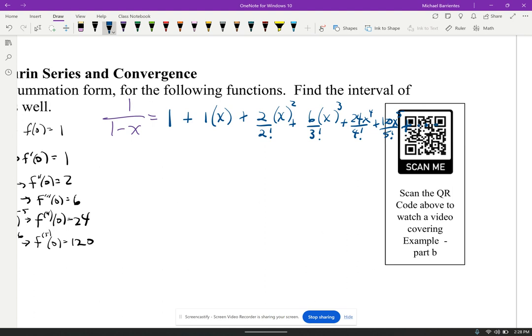We continue going forever since we're building an infinite series, a Taylor series. In this case, a special case, the Maclaurin series.